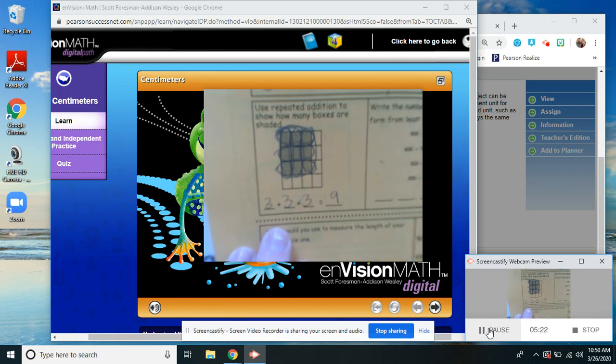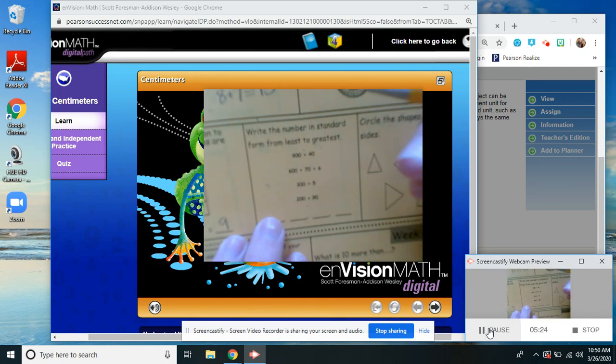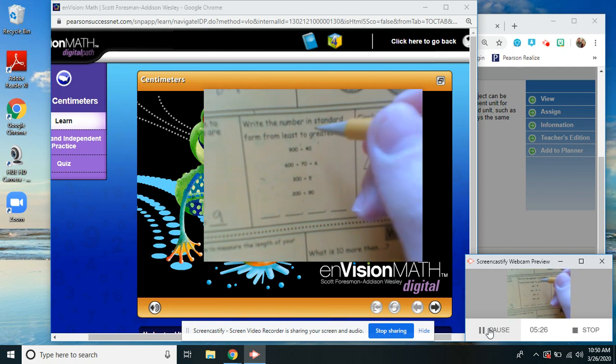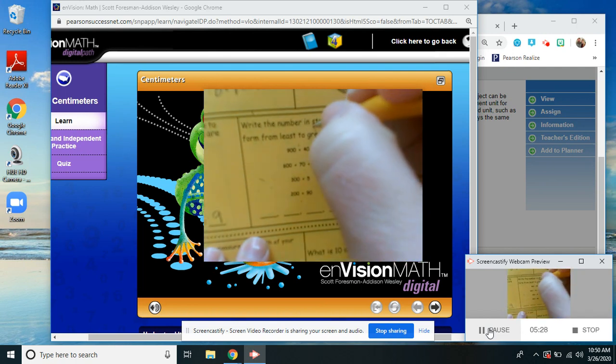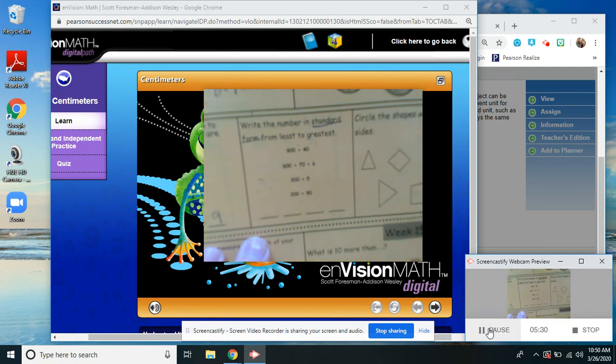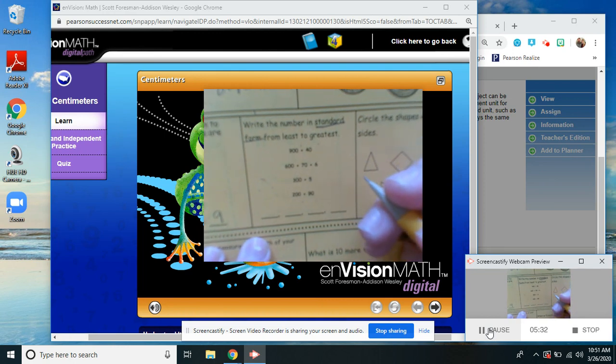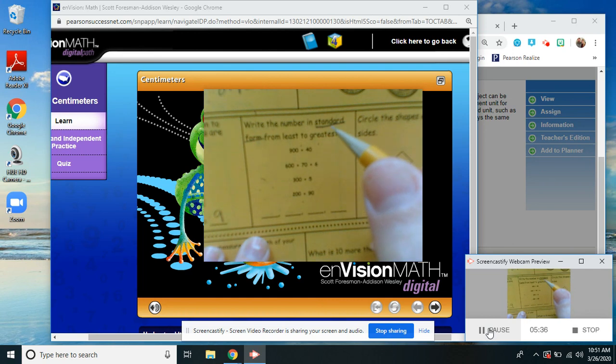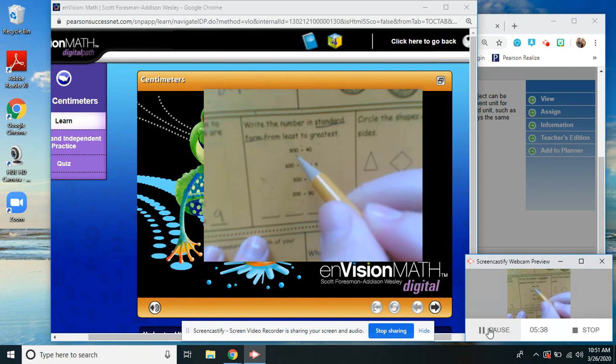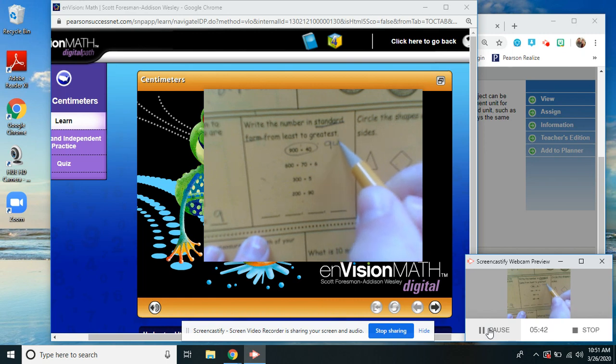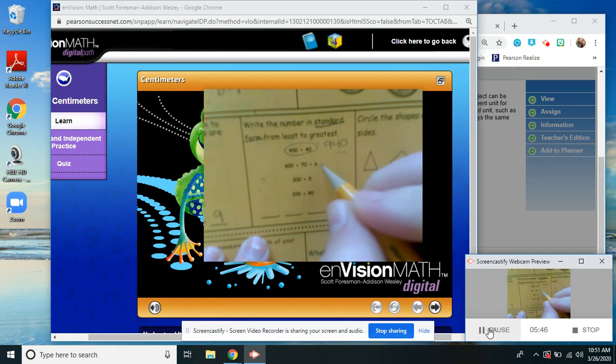All right. It says write the number in standard form from least to greatest. If you remember what standard form means, that means that you have the regular written form of the number. So 900 plus 40 would be 940. This is the standard form of the number.